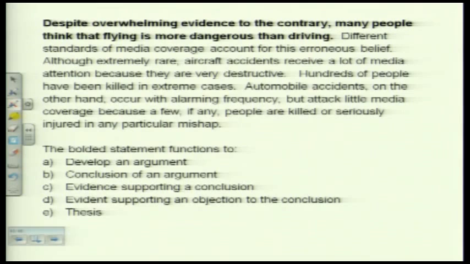That's the first question. So what's the function of that bolded statement?